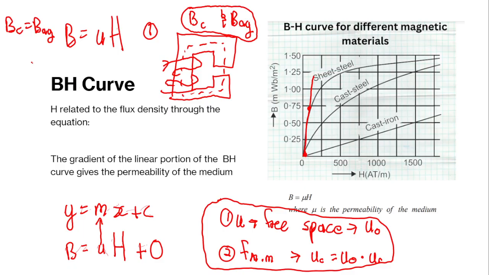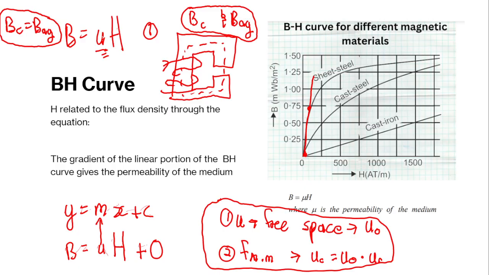You use B to calculate H, because you know that in air it's mu 0, and in the core it's mu 0 times mu r. So if you have B, you can calculate the intensity for the core material and the air.